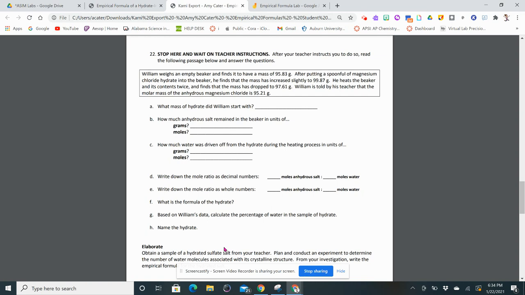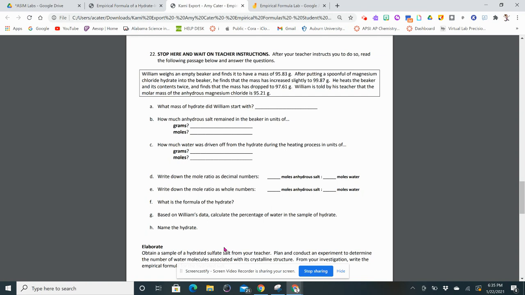Okay, when you get down here to naming the hydrate, you're going to indicate how many waters are attached to that magnesium chloride with a prefix. So if you have 2, that would be di. If you had 3, that would be tri. If you had 4, that would be tetra. If you had 5, that would be penta.